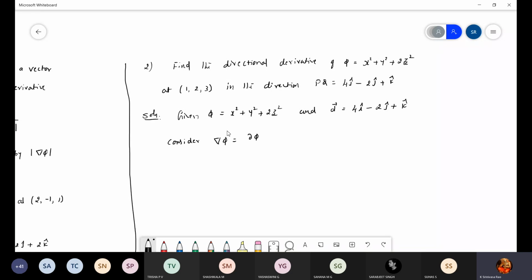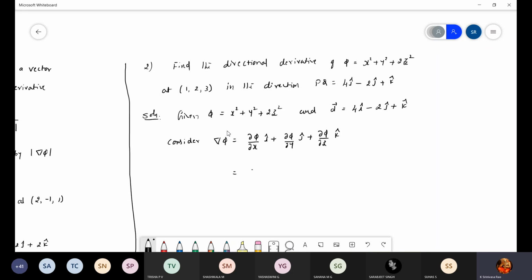That is equal to dou phi by dou x i cap plus dou phi by dou y j cap plus dou phi by dou z k cap. Okay, so you can substitute phi or you can differentiate directly. That is left to you.